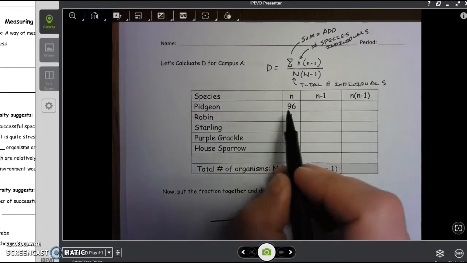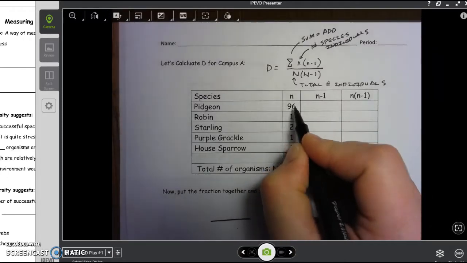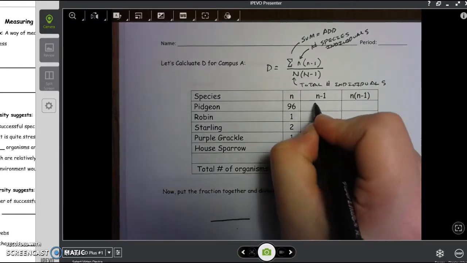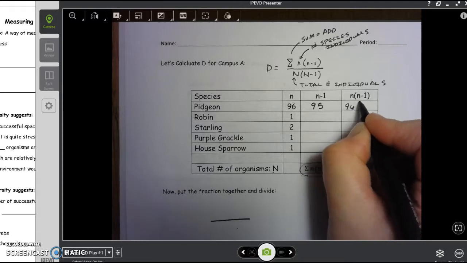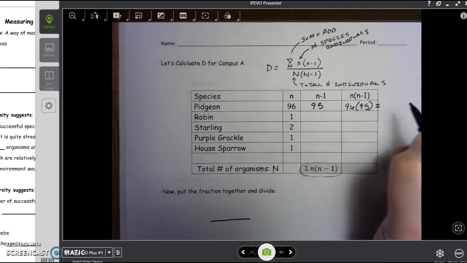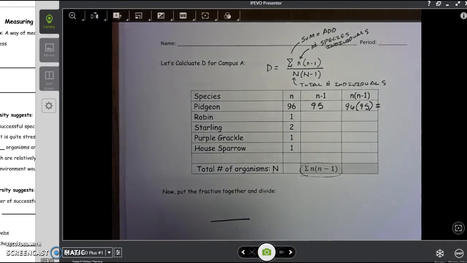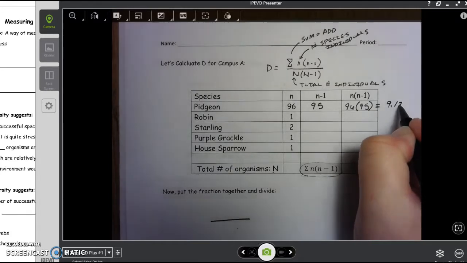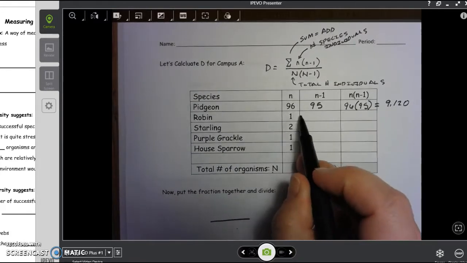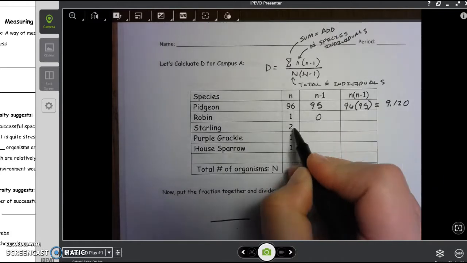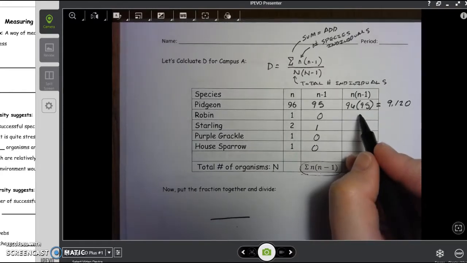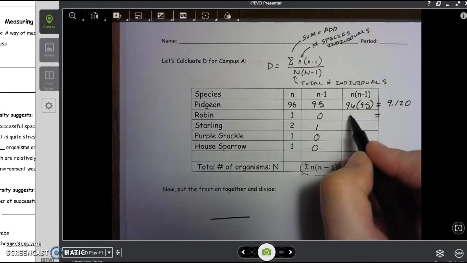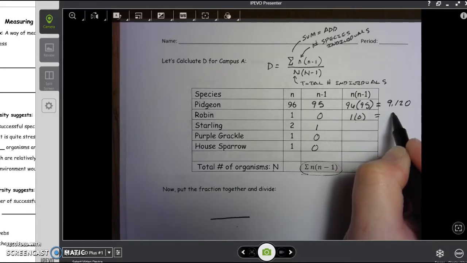So now we simply do 96 minus 1, which is 95, and then this is going to be 96 times 95, which I plug into the calculator, is 9,120. 1 minus 1 is 0, 2 minus 1 is 1, and then when we multiply, we get 1 times 0, which is of course 0.